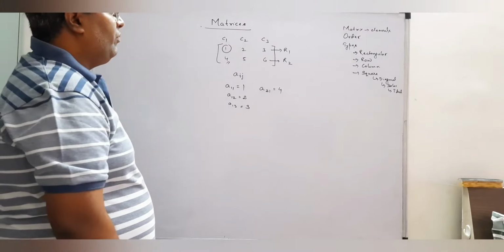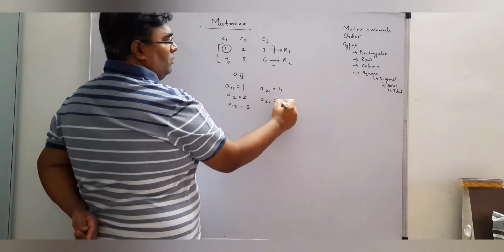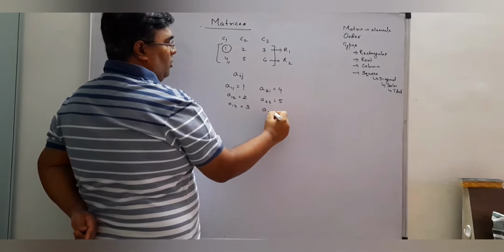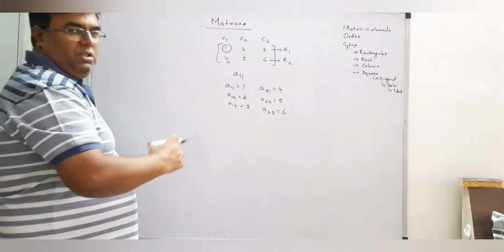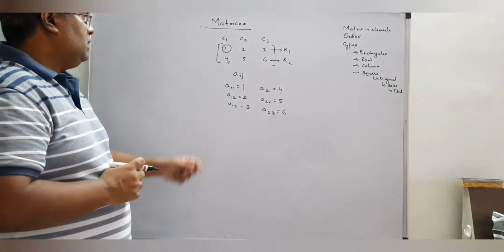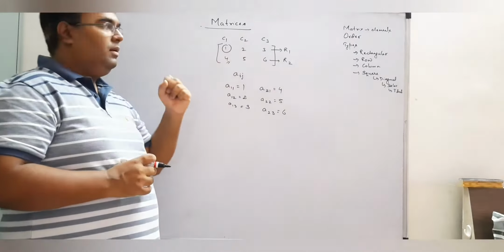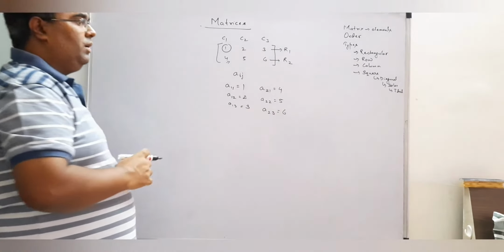Second row, second column is A22. Second row, third column is A23. So this is how we represent the elements of a matrix. All rows and columns are represented by A11, A12, A13, A21, A22, A23.